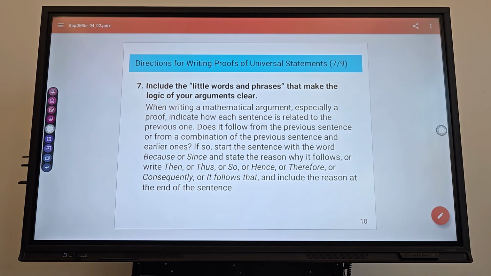Include the little words and phrases that make the logic of your arguments clear. Indicate how each sentence is related to the previous one. Start sentences with because or since to state the reason, and then state why it follows, or write then, or thus, or so, or hence, or therefore, or consequently, or it follows that, and include the reason at the end of your sentence.